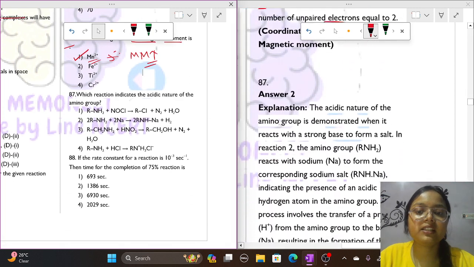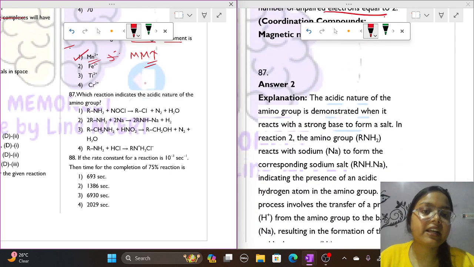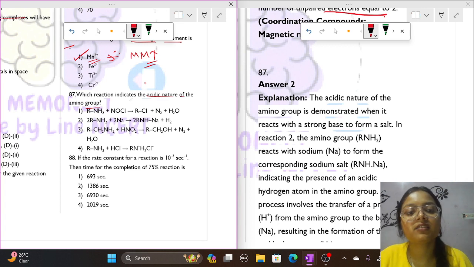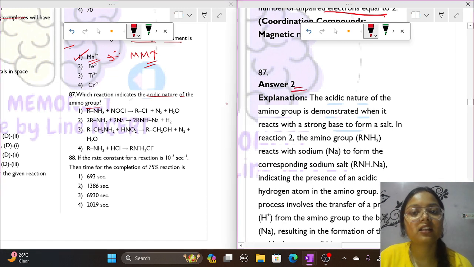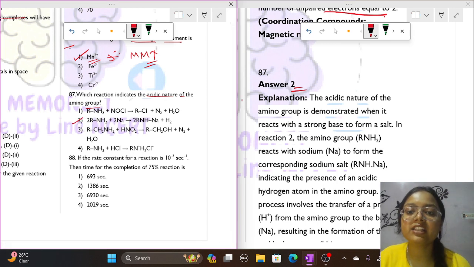Question number 87. Which reaction indicates the acidic nature of the amino group? The acidic nature of the amino group can be identified by this reaction, the answer is 2. The acidic nature of the amino group is demonstrated when it reacts with a strong base to form a salt.